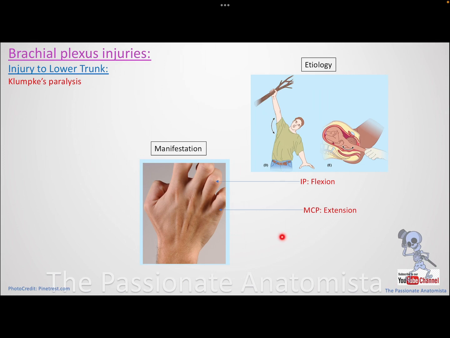What is the opposite? If the normal is flexion in the MCP, now I will have extension of the MCP. If the normal is to have extension of all of the interphalangeal joints, now I will have flexion in the interphalangeal joints. So Klumpke's paralysis will cause me claw hand deformity with weak flexors.